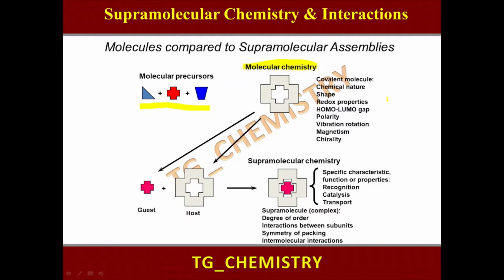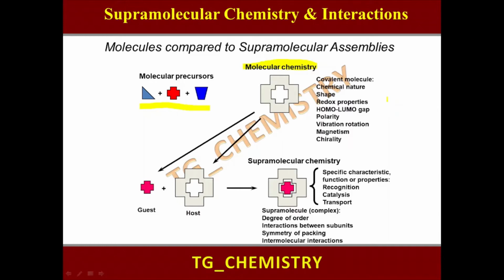And in most cases we find some other functions or properties which were absent in covalent bond chemistry. Such specific characteristic functions or properties involve recognition, catalysis, and transport properties.